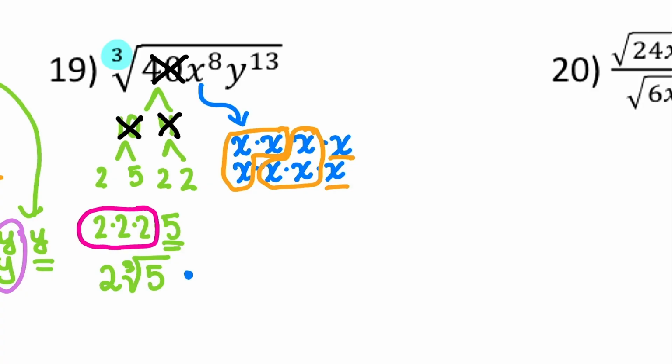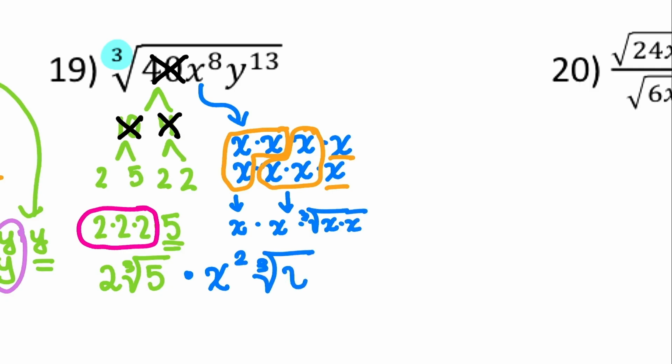That means that we're going to have x times x. Then inside of our radical, we will also have x times x. So this is going to be x squared times the cube root of x squared.